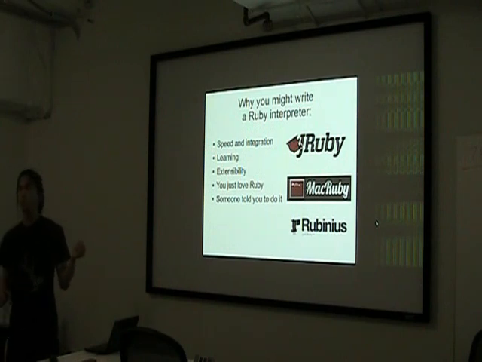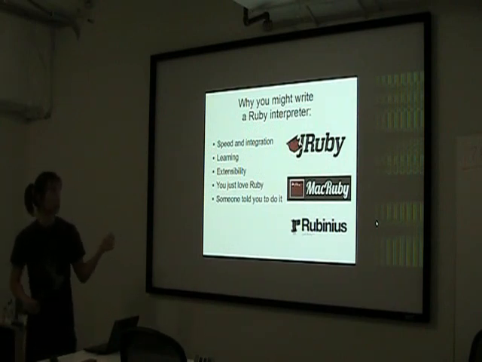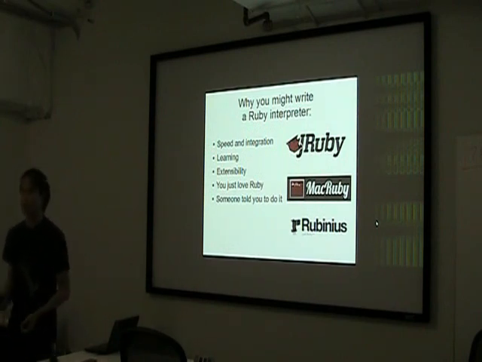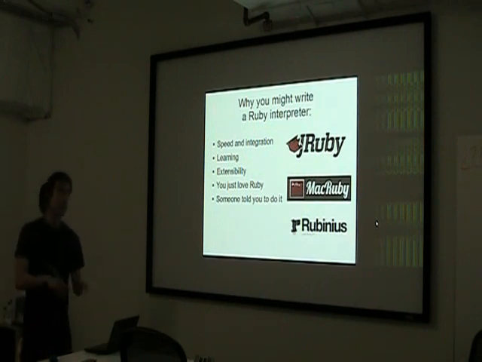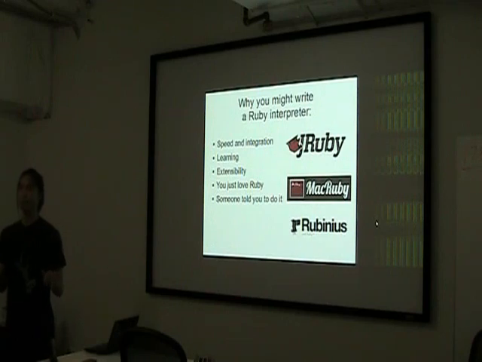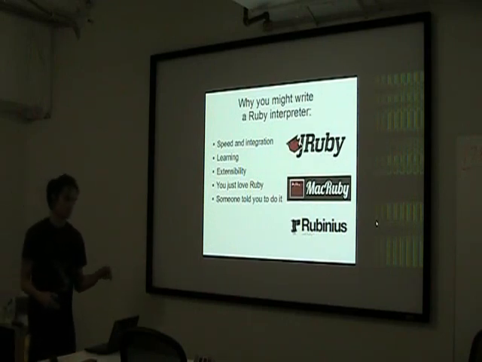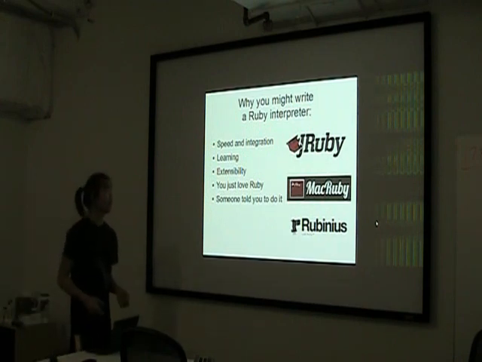You can also write an interpreter just in order to learn the language really well, because if you can write the rules that make up the language, you know that language inside and out. And if you know it inside and out, you can extend it however you like.